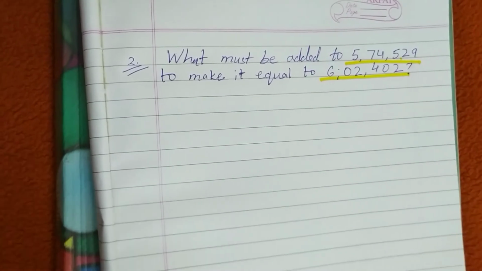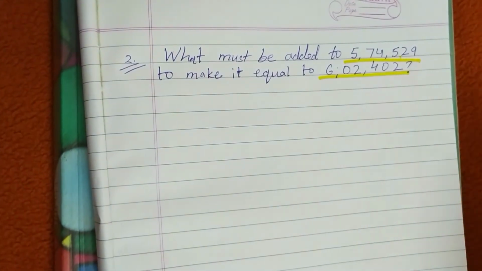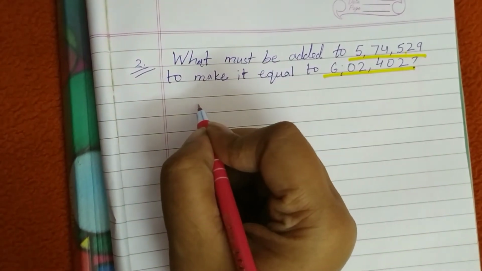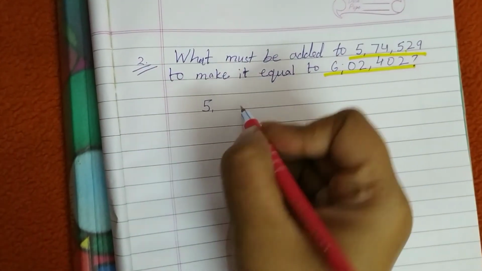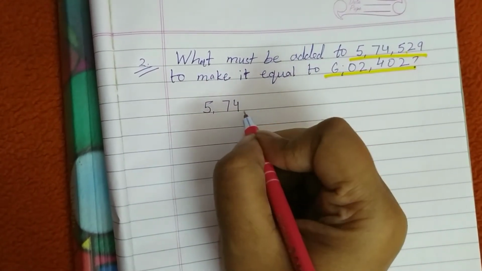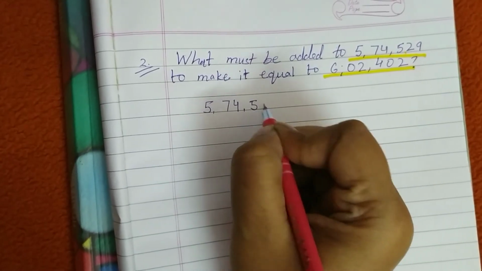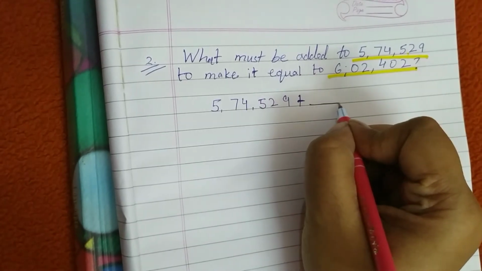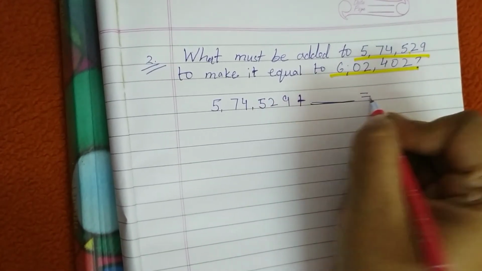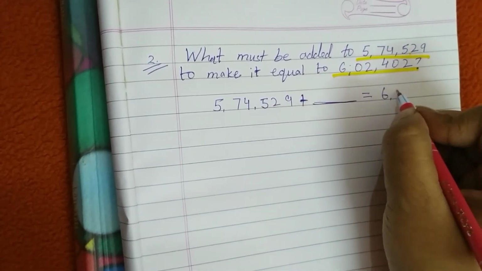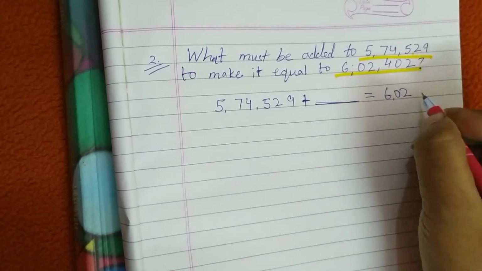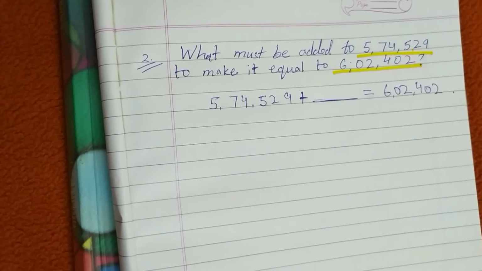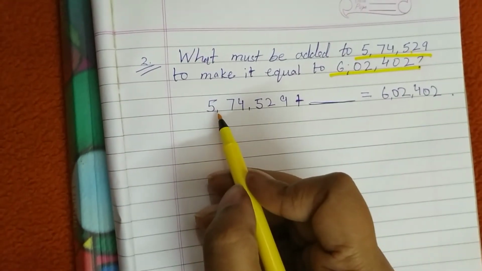If I simply write the addition statement, I will write 5,74,529 plus, it is missing here, is equal to 6,02,402. Yes, this will be our statement.